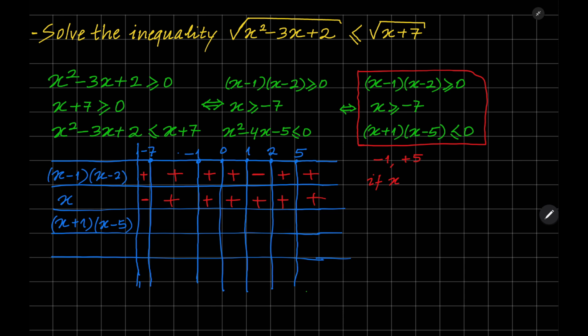If x is equal to 0, then x plus 1 times x minus 5.